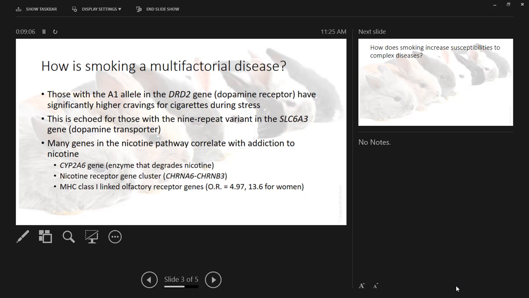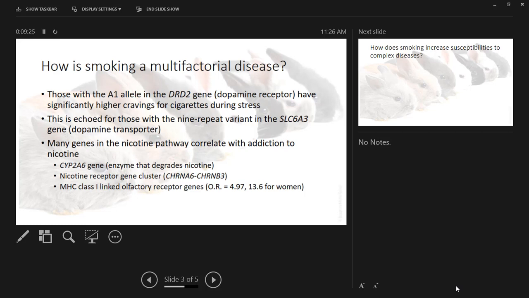And so people that are addicted to nicotine are 5 times more likely to have this specific allele in the MHC class 1. And again, it's not because of that allele, but because of a locus linked with the MHC class 1.